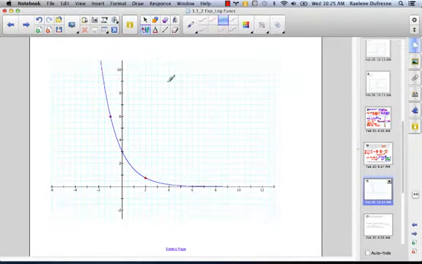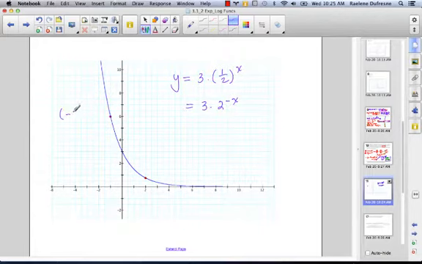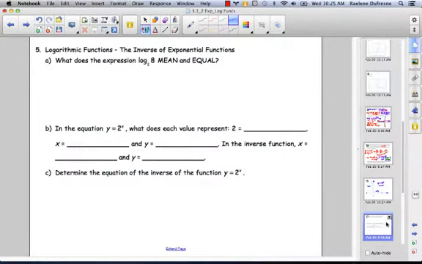So this is the graph of y equals 3 times 1/2 to the x, or we could write it as 3 times 2 to the negative x, passing through the given points -1, 6 and 2, 3/4. And it's hard to see the asymptote here. There it is.